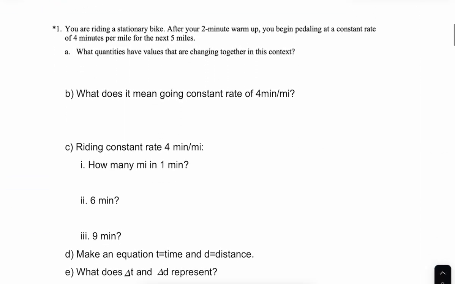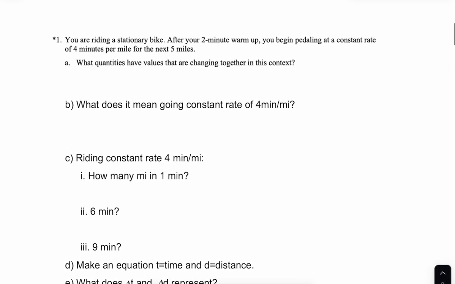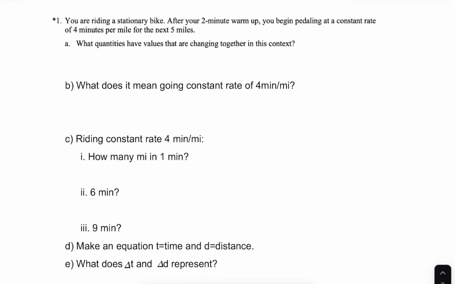So let's take a look at problem number 1. It says that you are riding a stationary bike, and after a 2-minute warm-up, you begin pedaling at a constant rate of 4 minutes per mile for the next 5 miles. What quantities have values that are changing together in this context?